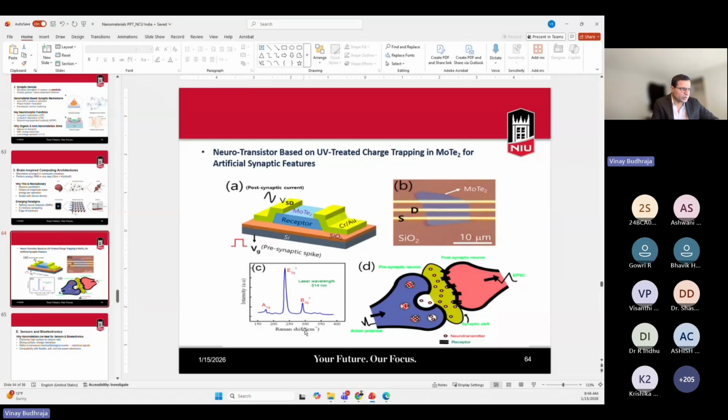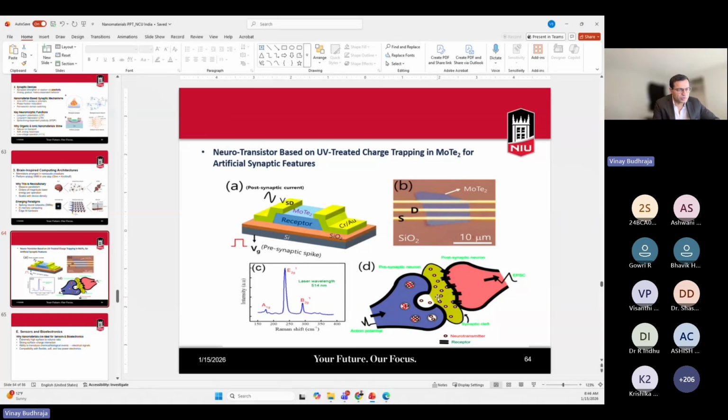This figure shows the Raman shift of the MoTe2 material. Another figure, figure D, shows the action potential, the neurotransmitter, and the receptor. The shape looks like a brain structure of the human body.